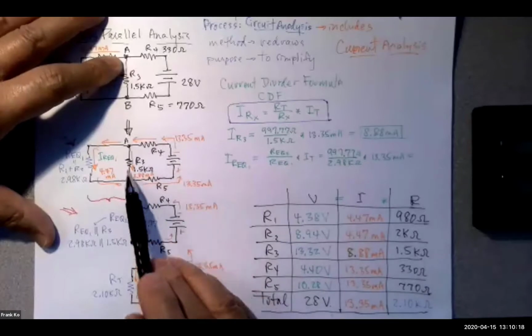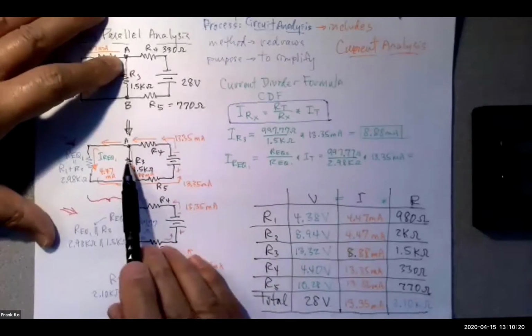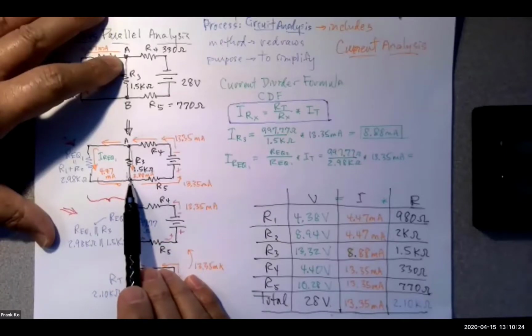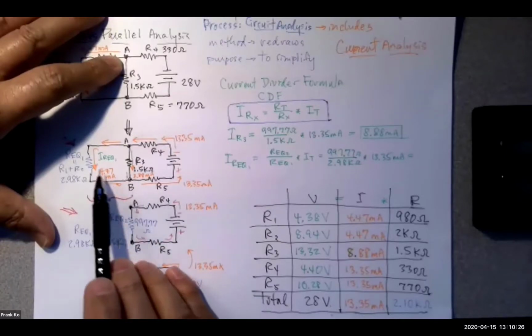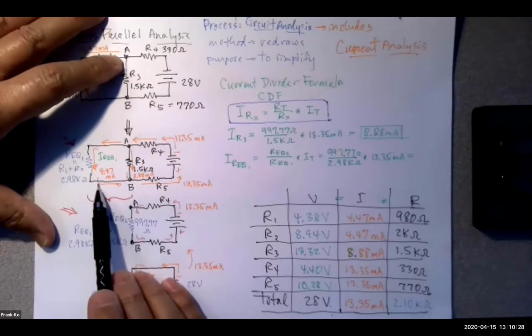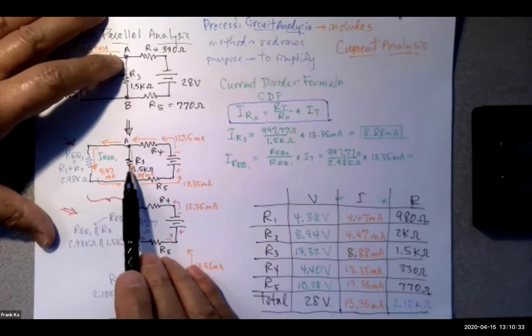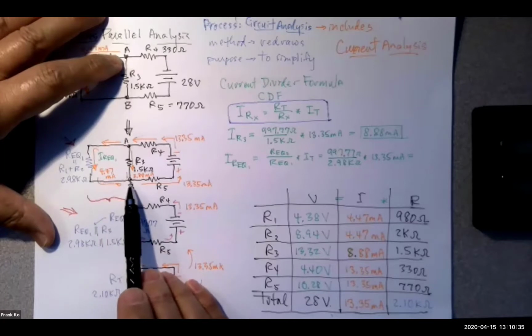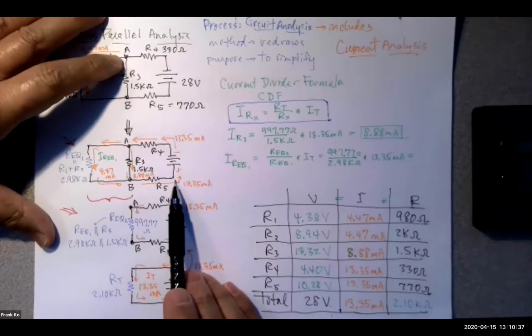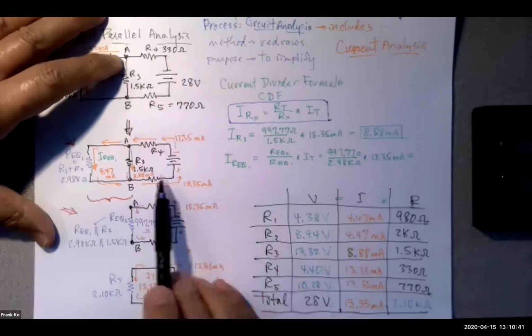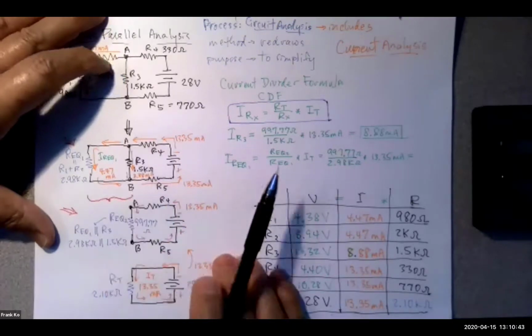Also, if we look at node B, do I have currents coming into node B? I have the current of 8.88 milliamps coming down through R3, and I have 4.47 milliamps coming from REQ1. Do these currents sum to equal the current coming out of node B? The answer is also yes. So Kirchhoff's current law is proved here.